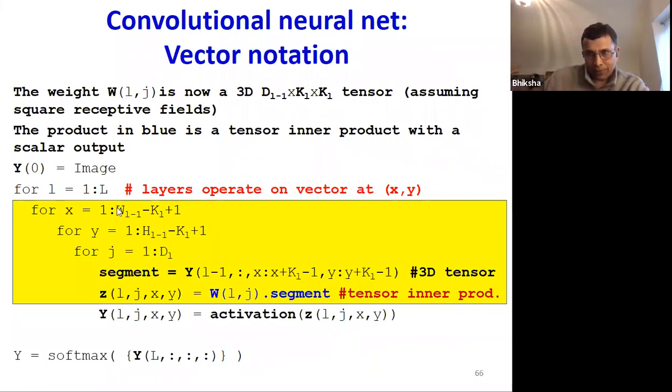This is the scan at each position, and when you're scanning at each position, you are pulling out a segment of the input, and then you're computing an inner product between the cuboidal segment of the input and the filter, which is also a cube, to get you the affine value at the current location.